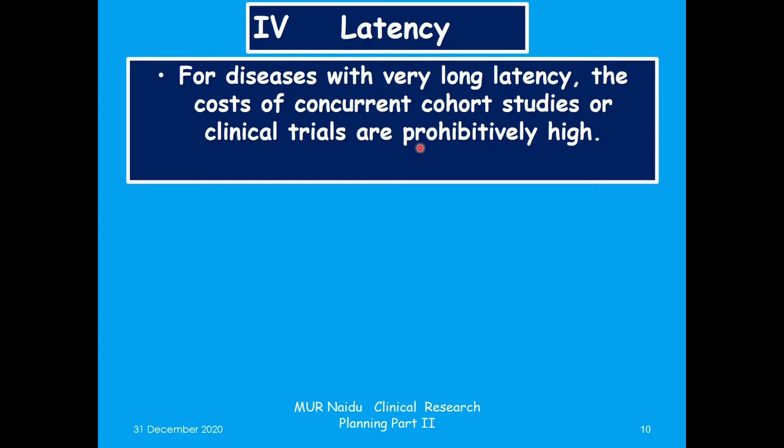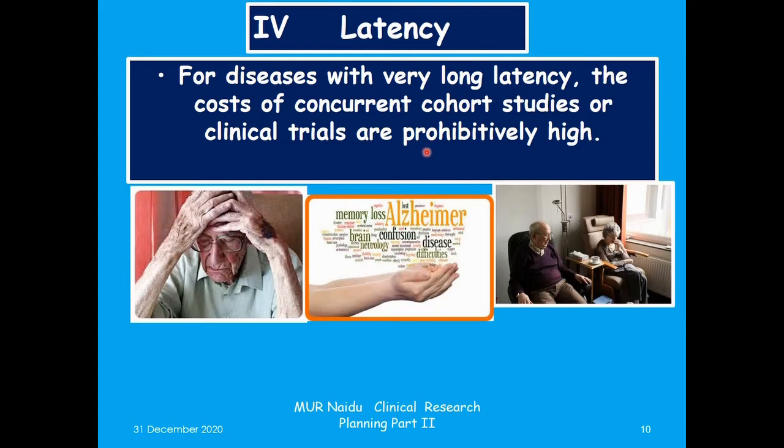Here I will give the example of two diseases which come under a very long latency period. One is Alzheimer's disease, where early memory loss starts and then it takes a very long time for the patient to develop characteristic Alzheimer's disease. So conducting a clinical trial in Alzheimer's disease is very difficult because you have to conduct the study for 5 to 6 years to complete your data.